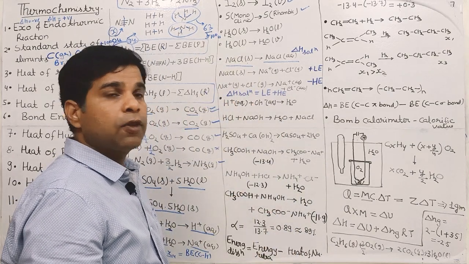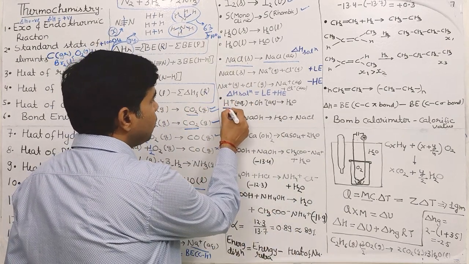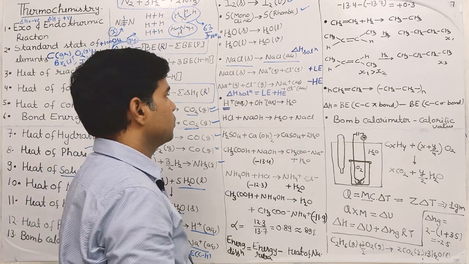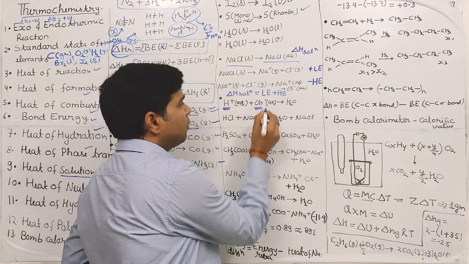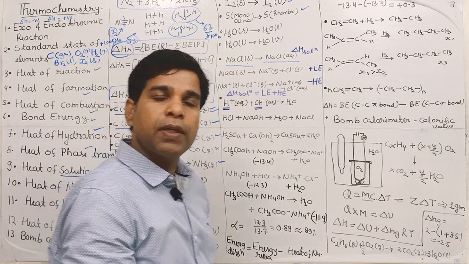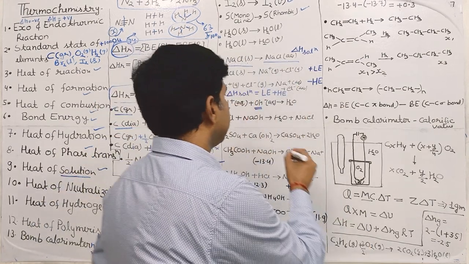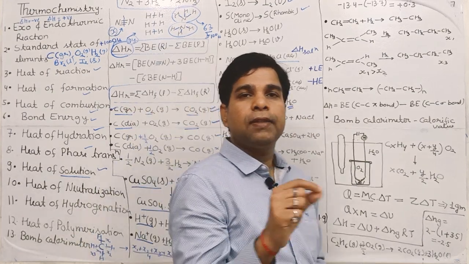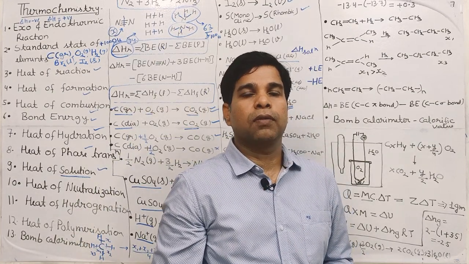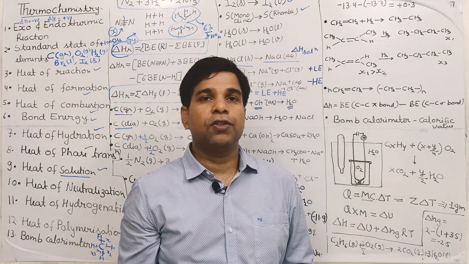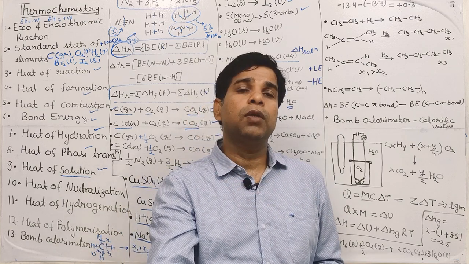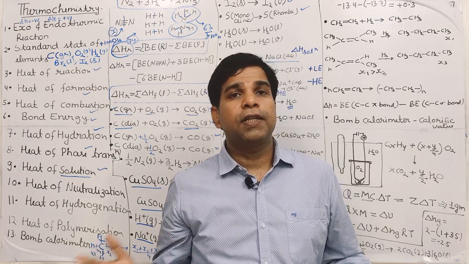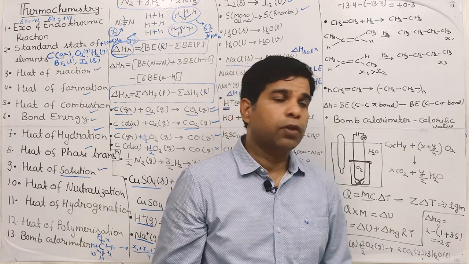What is the heat of neutralization? Whenever 1 mole of H+ reacts with 1 mole of OH-, they always give 1 mole of H2O. The energy released in this process is called the heat of neutralization.